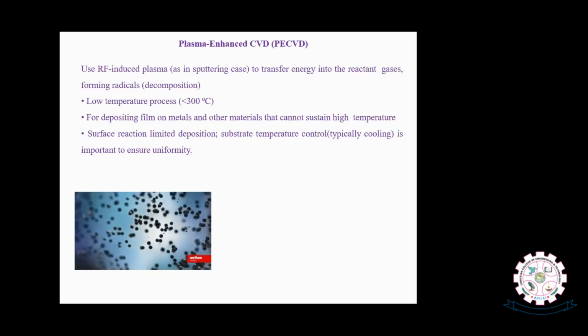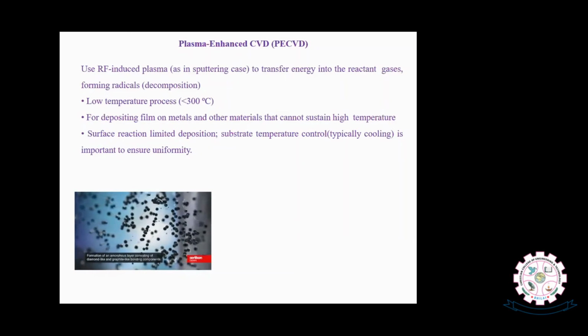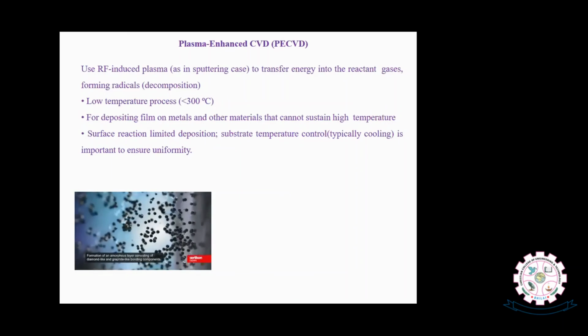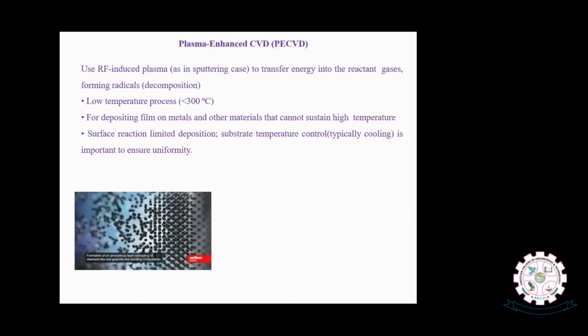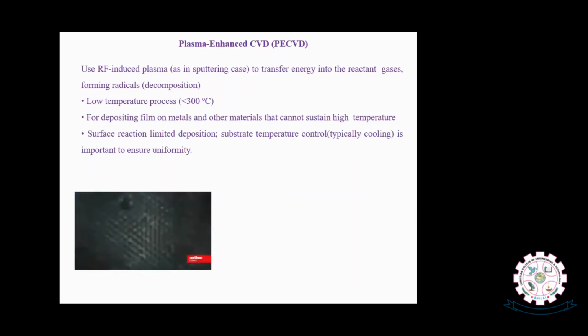And the atoms are depositing onto the substrate. When you heat the substrate, they try to arrange themselves periodically, because the substrate is heated at a temperature. You see that a nice growth is forming. Again the plasma is created here, and a thicker layer is forming, and you see how the atoms are falling onto the substrate.